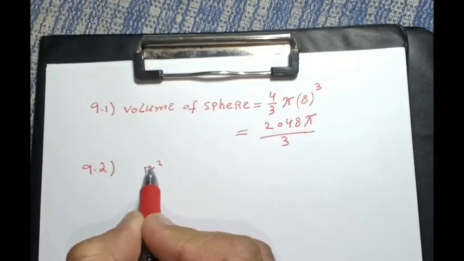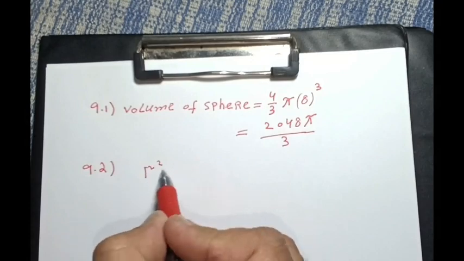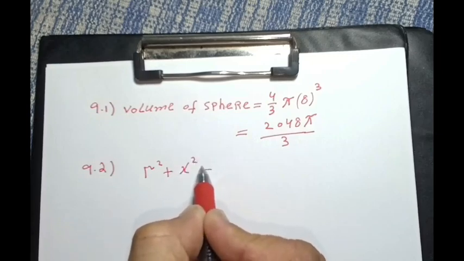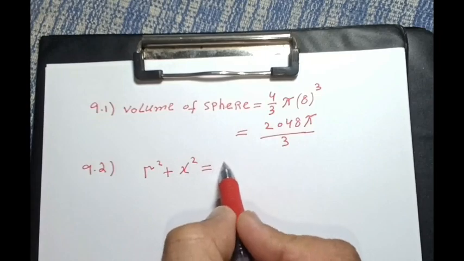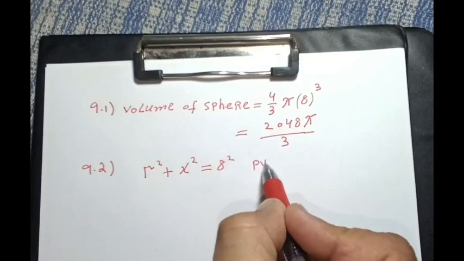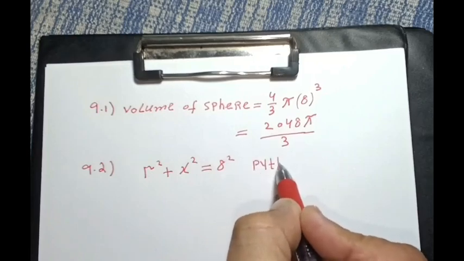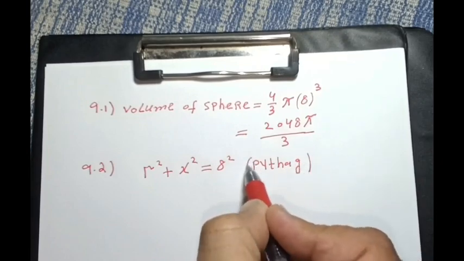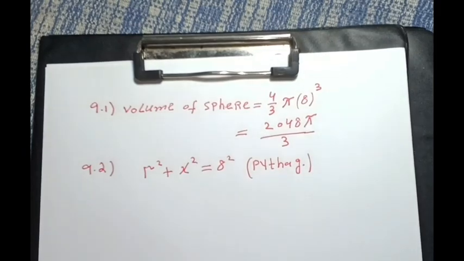r square plus x square is going to be equal to 8 square. I apply the Pythagoras here.